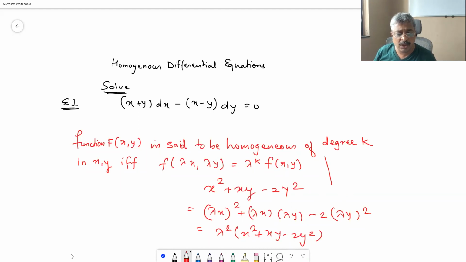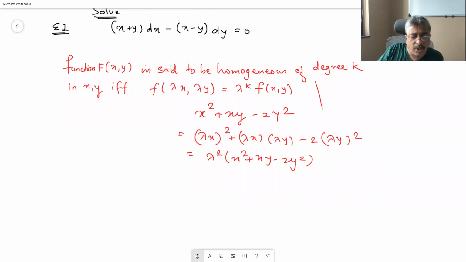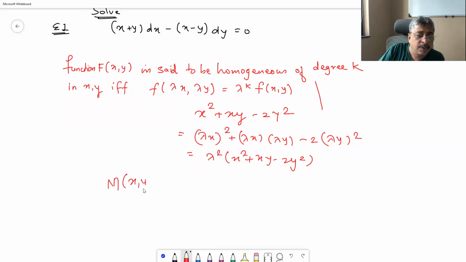Now, for us, as far as a differential equation is concerned, we have some M of x comma y associated with dx, and N of x comma y associated with dy, is equal to 0.